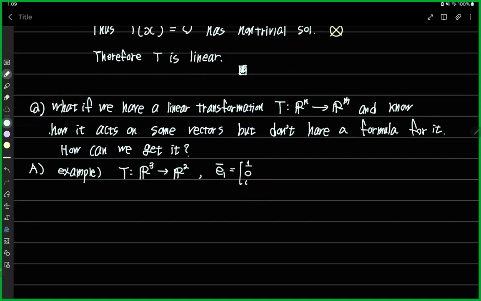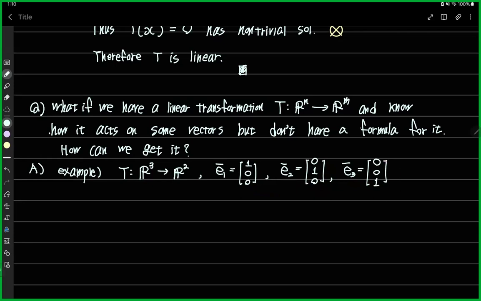A standard basis vector is a column vector on each axis in a dimension, and it has length 1. It's kind of like the unit vector in vector calculus. So E1 is 1, 0, 0, E2 is 0, 1, 0, and E3 is 0, 0, 1.